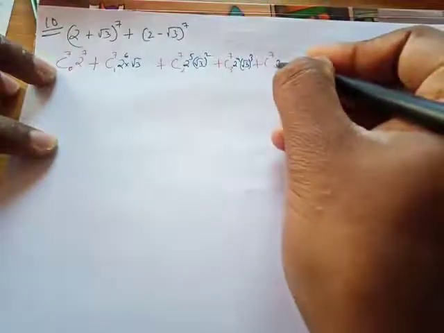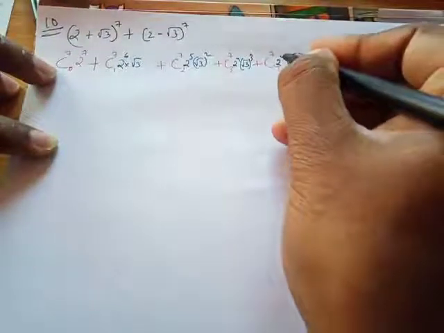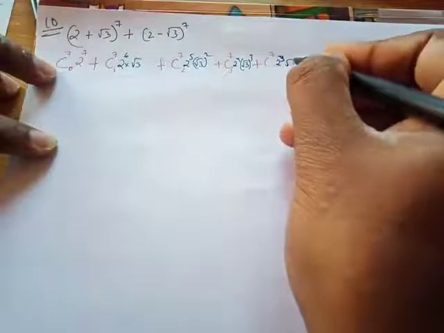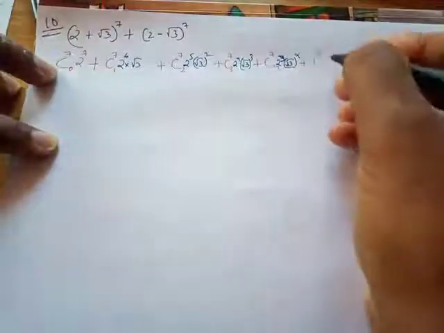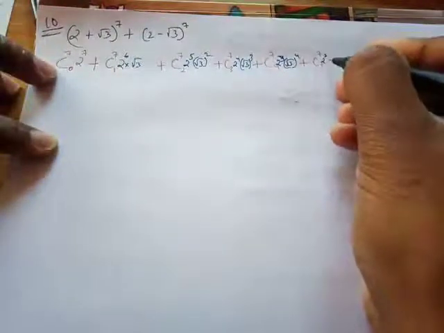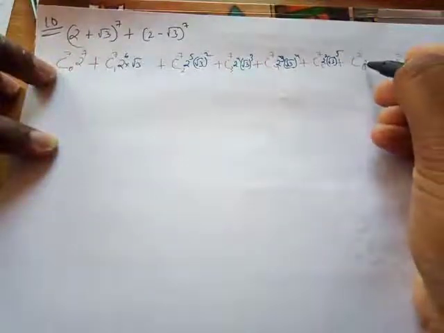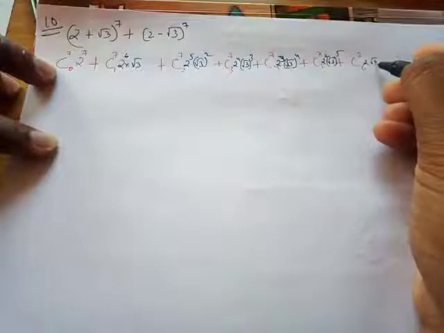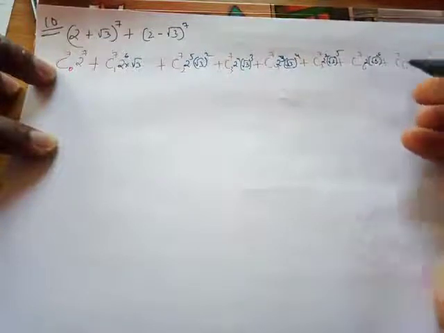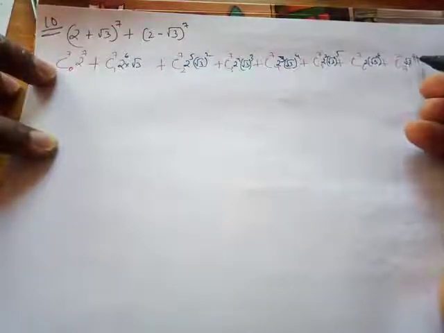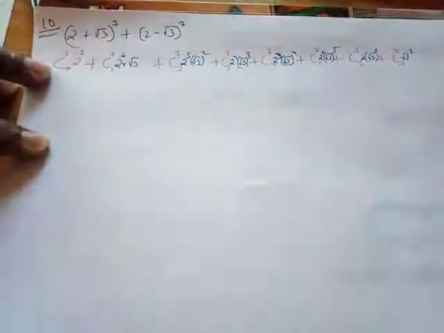This is going to be 2 to the power 4 and this is going to be 3, and this is going to be root 3 to the power 4. This is going to be 2 to the power 2 and this is going to be root 3 to the power 5. This is going to be 2 to the power 1 and root 3 to the power 6, and this is going to be root 3 to the power 7. I hope you guys got this.